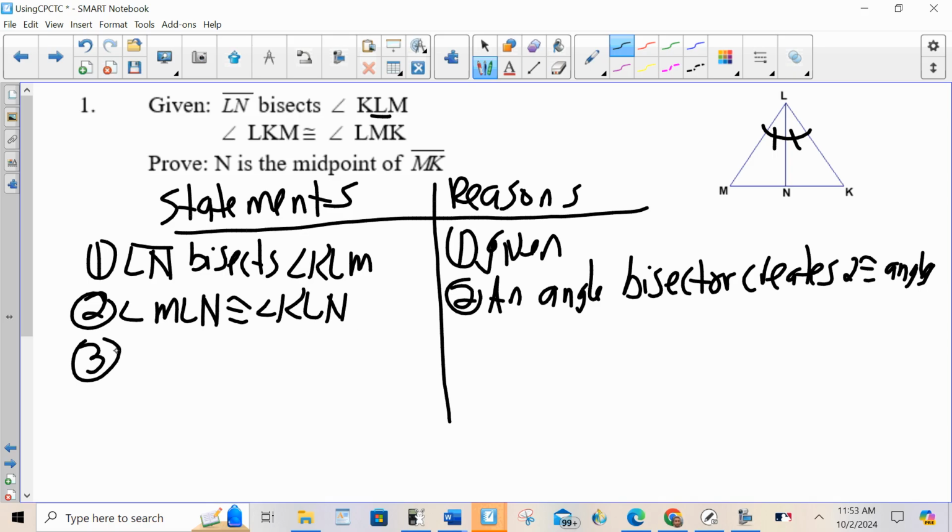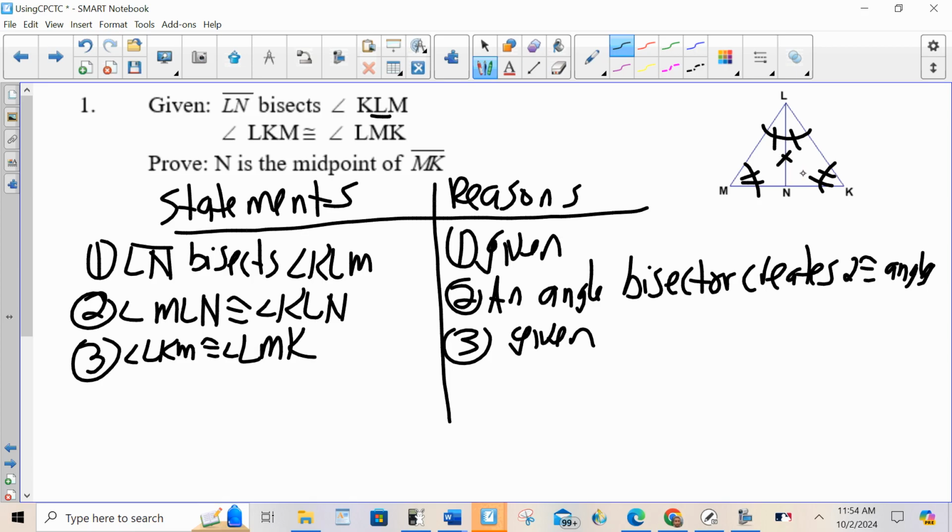That's one pair of things. I move on to the next given. Angle LKM is congruent to angle LMK, given. I'm out of givens. I go to my additional tools. Reflexive property for LN is congruent to LN.